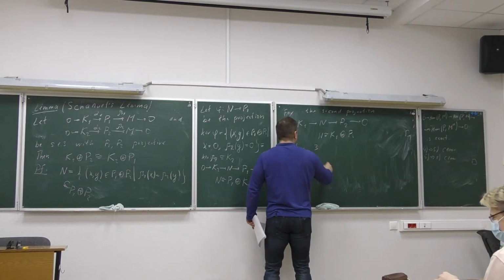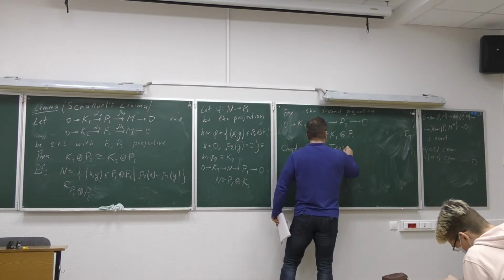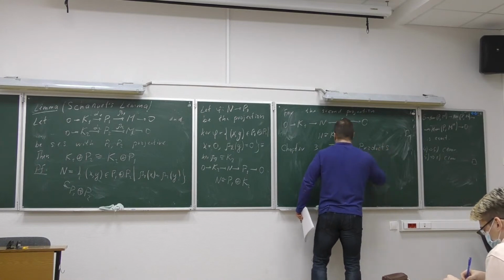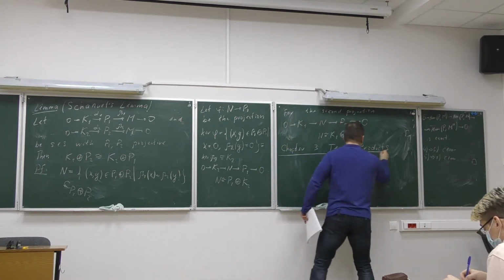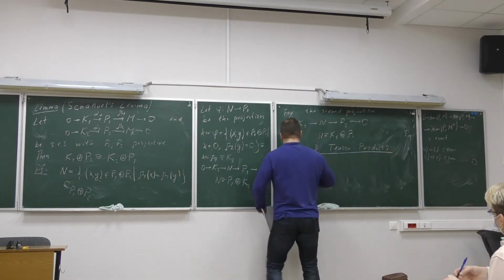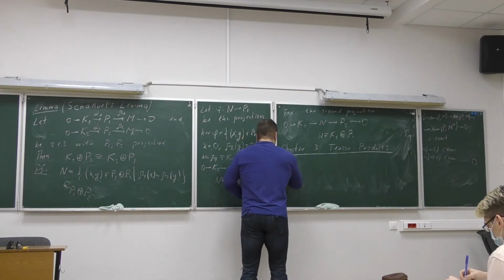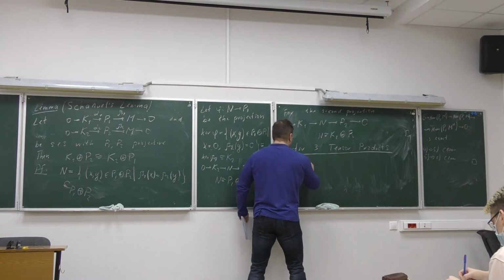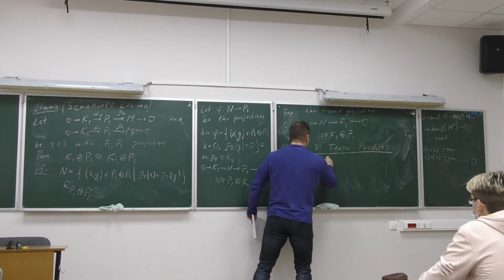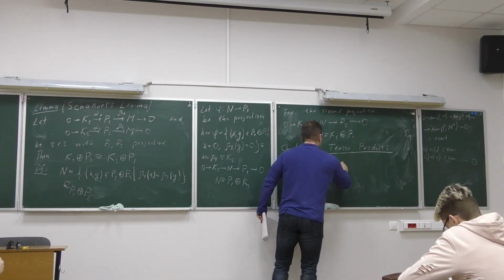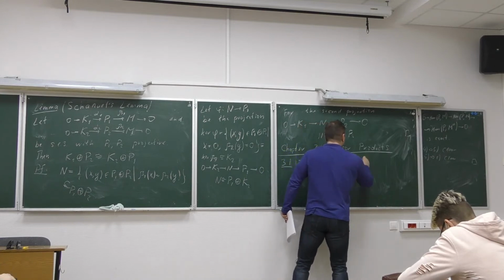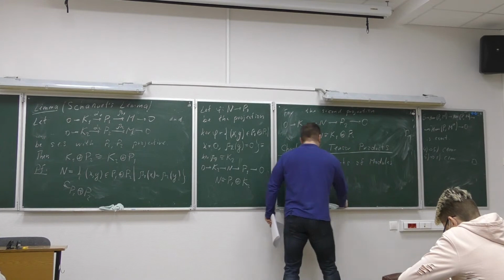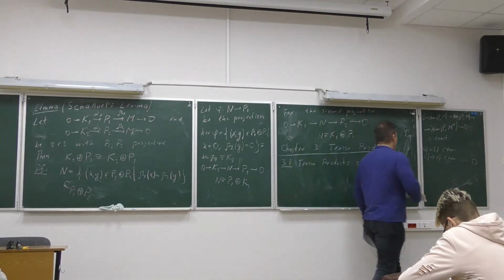Chapter 3, tensor products. First section, 3.1, definition of tensor products of modules. I hope that you still remember what the tensor product of modules is, so I'll just briefly repeat the construction.